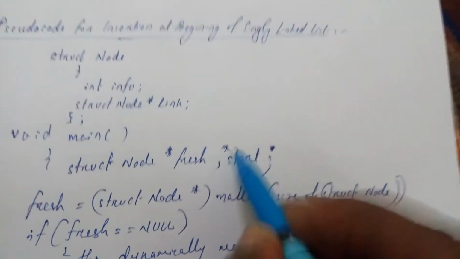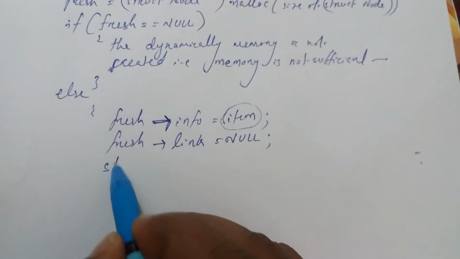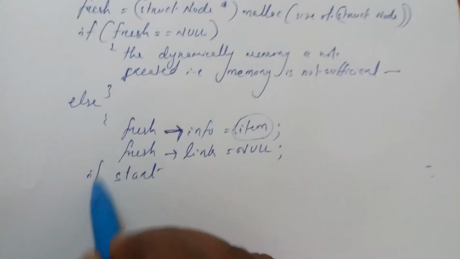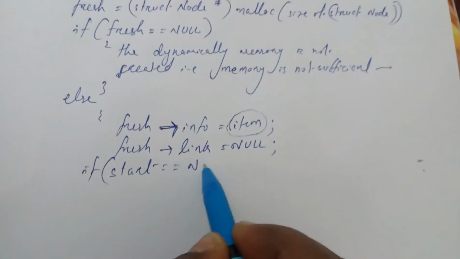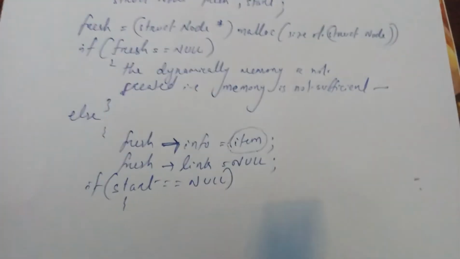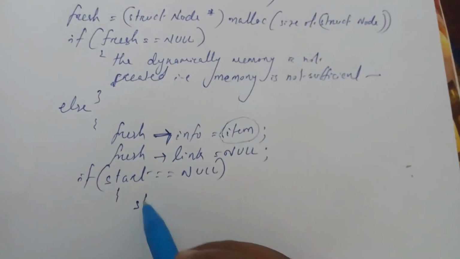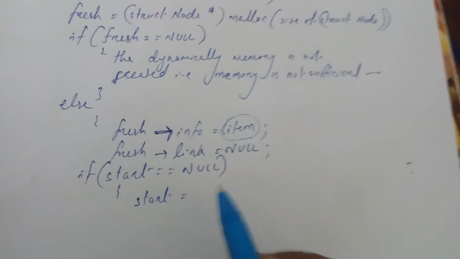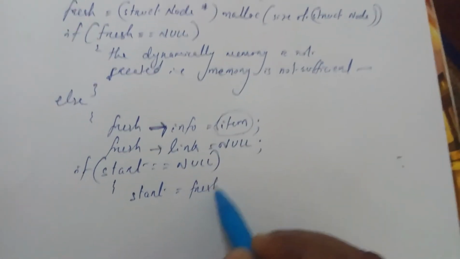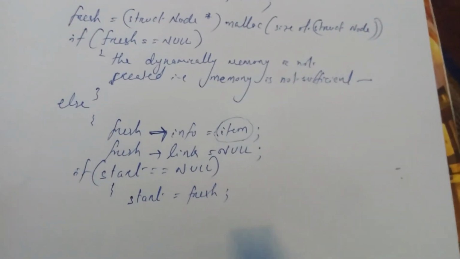So you have to check the value of start. If start equals to null, that means the linked list has not been created yet. So simply you have to write start equals to phrase. This is okay, the phrase node will be the first node.